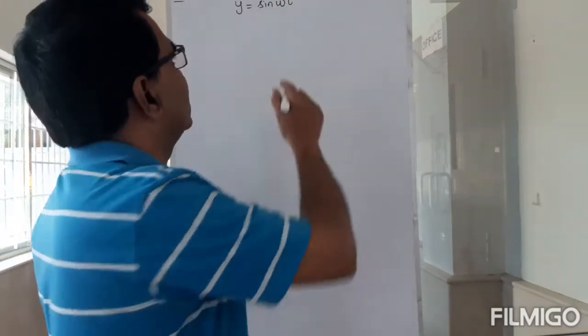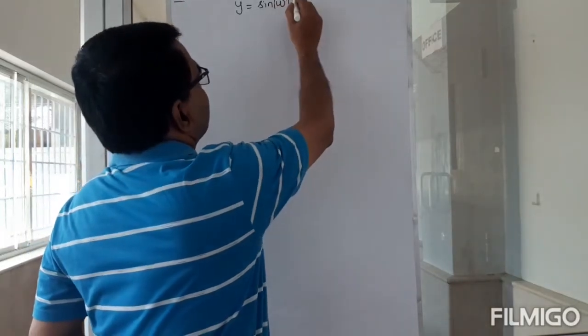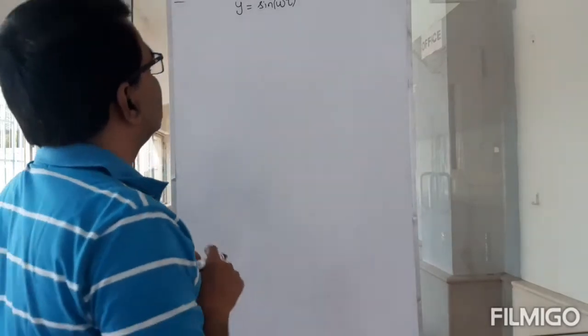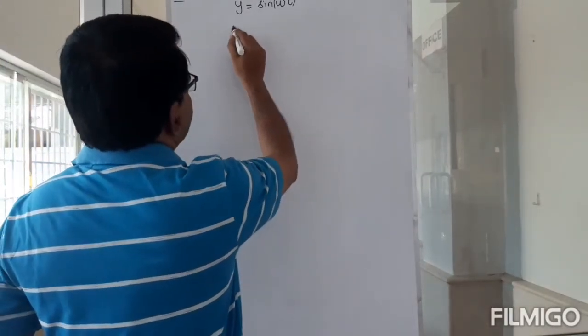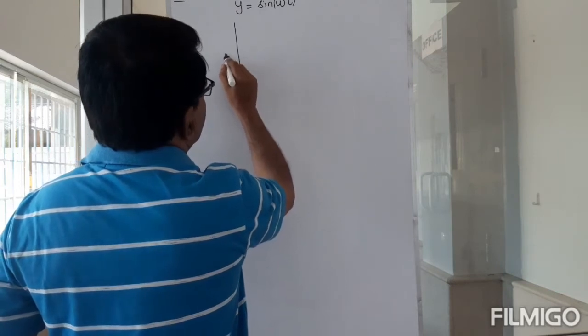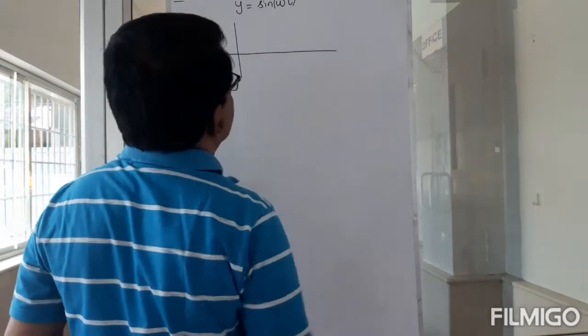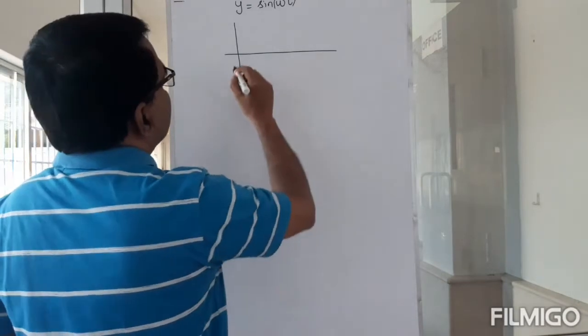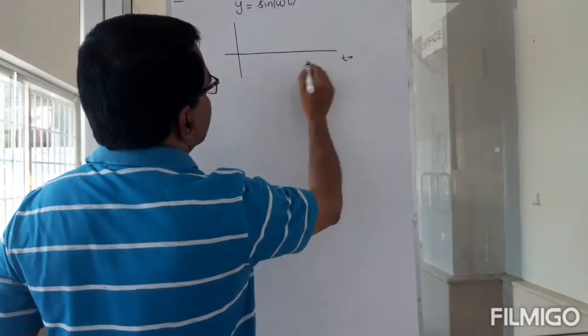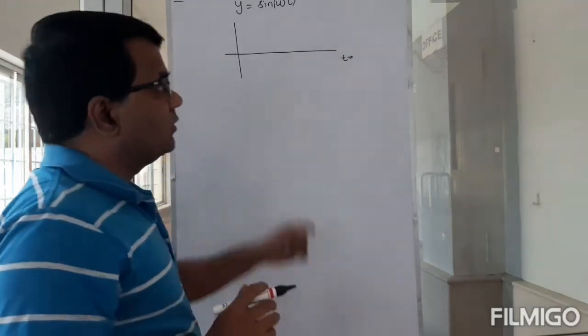For all that, you will have the same shape. So this function is going to be like this. Okay, so this is the y value and this is the t value.